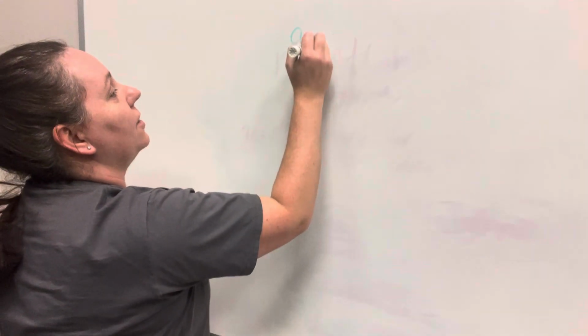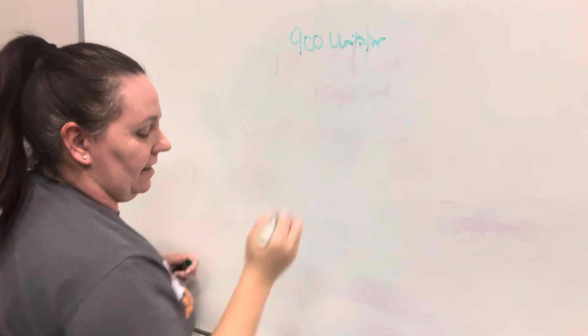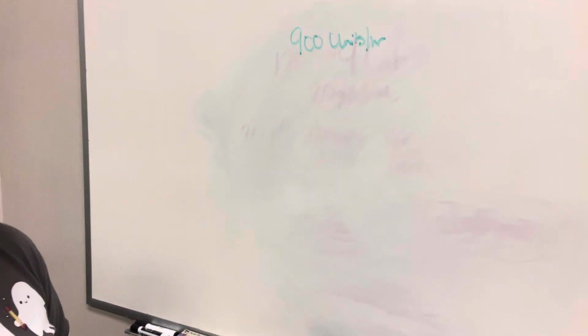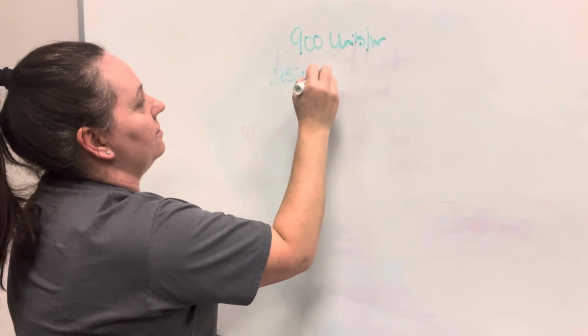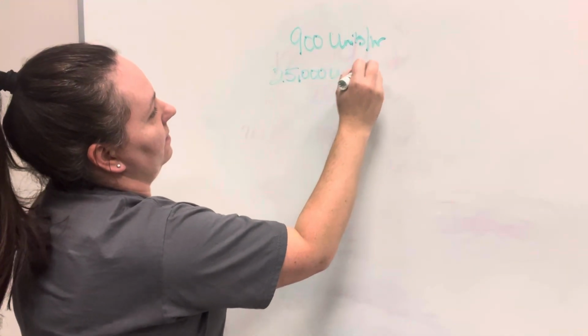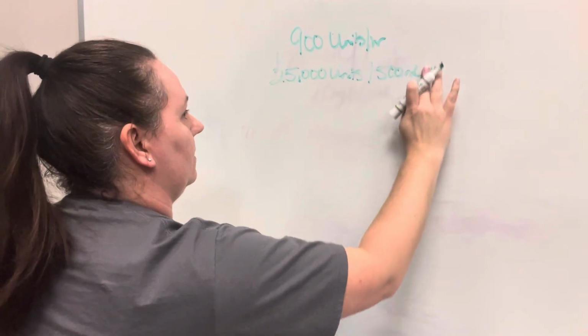We want to infuse 900 units an hour is our goal. And the pharmacy has the 25,000 units in 500 mL bag, those common bags for heparin. And we want to set our pump at what IV rate, milliliters per hour.